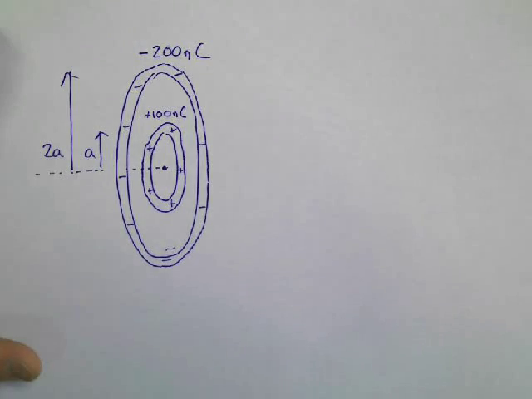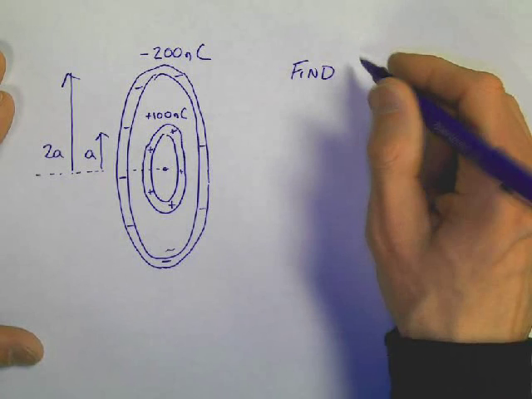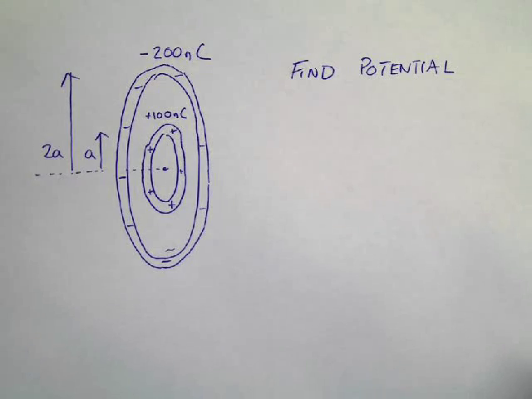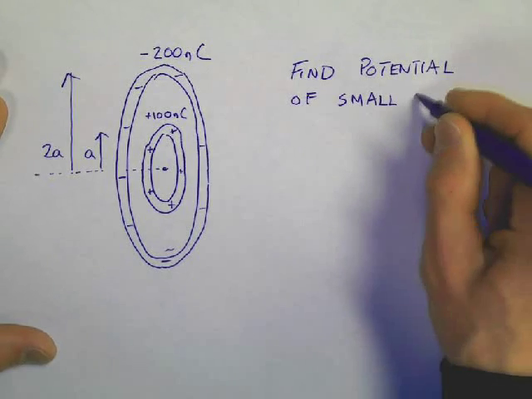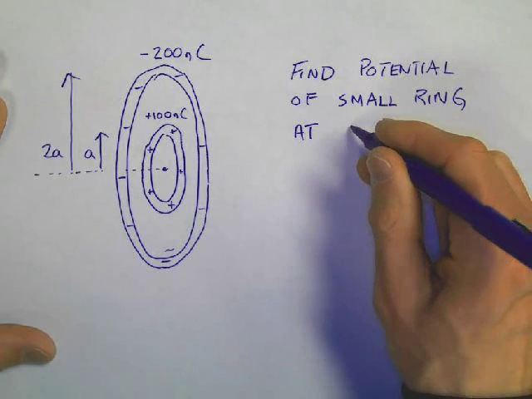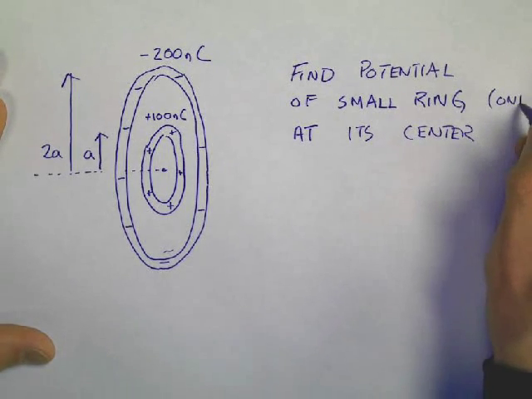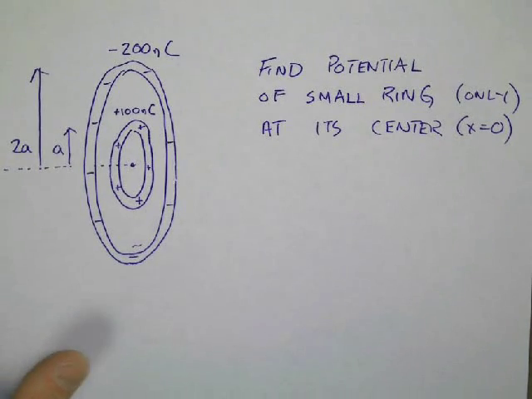So what I'd like you to do is, first of all, I'd like you to find the potential of the small ring at the center. Alright, so for x is equal to 0, I'd like you to go ahead and calculate the potential that only the small ring creates by itself. Okay.